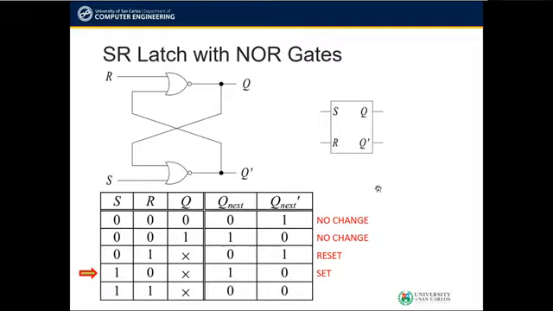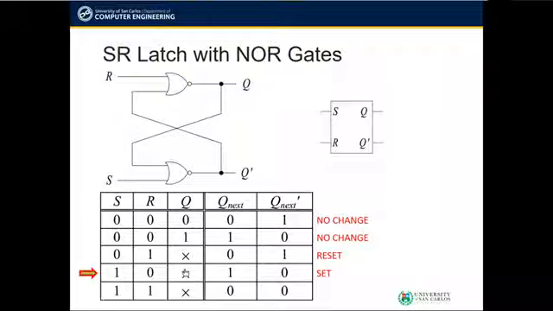Here, you can see that when the present SR inputs are 1 and 0, the next value of Q will always be 1, regardless of its present value as shown here by X. If Q is 0, Q next will become 1.